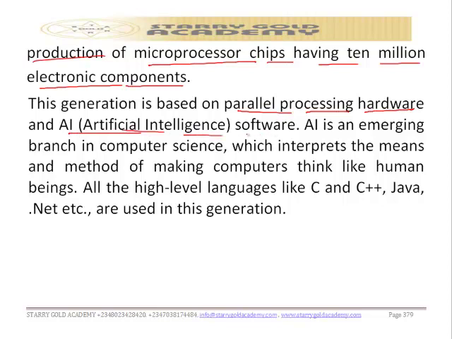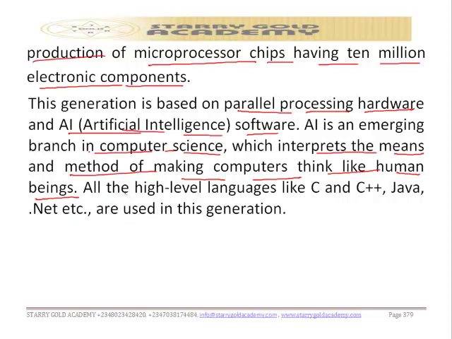Okay, so AI software. AI is an emerging branch in computer science which interprets the means and methods of making computers think like human beings.